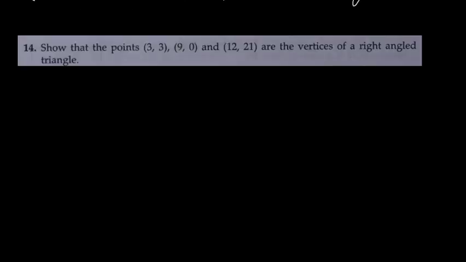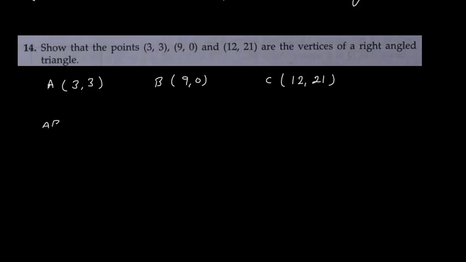Now here, problem number 18 is: show that these 3 points are the vertices of a right angle triangle. Now for a right angle triangle, Pythagoras theorem should be applicable, right? That means the sum of squares of two sides should be equal to the square of the third side. So let us take A as (3, 3), B as (9, 0) and C as (12, 21).